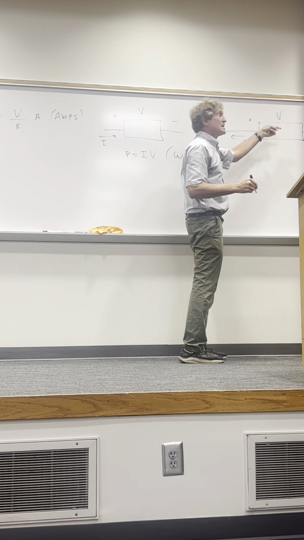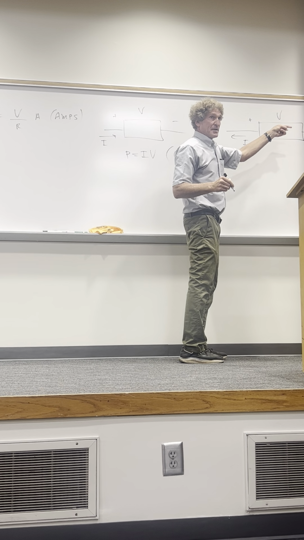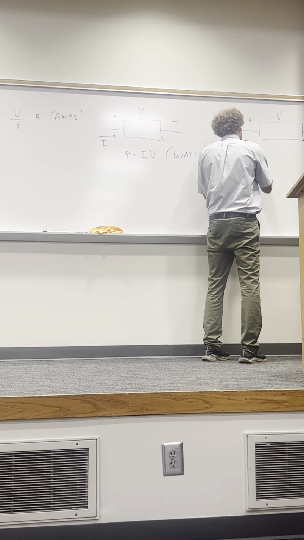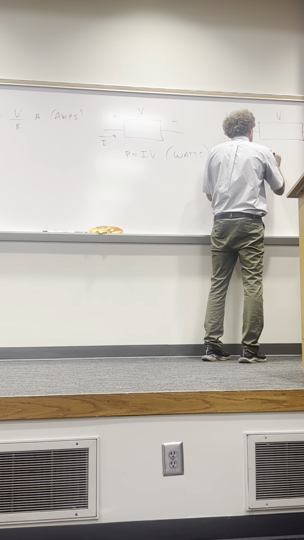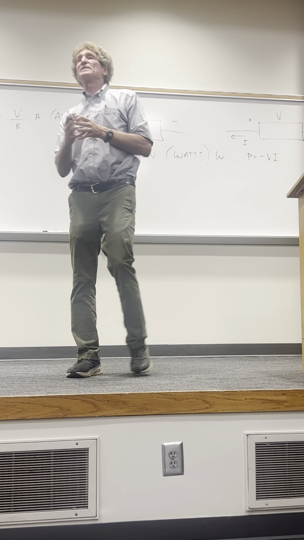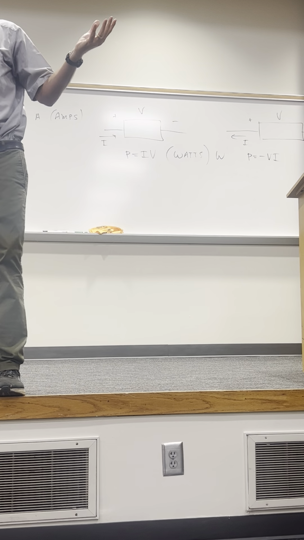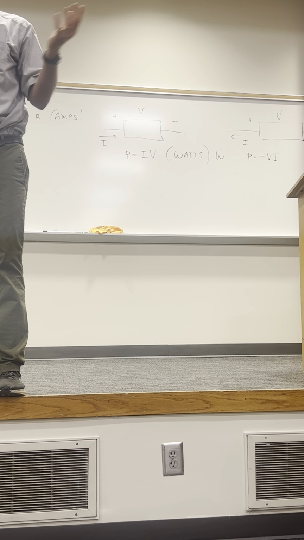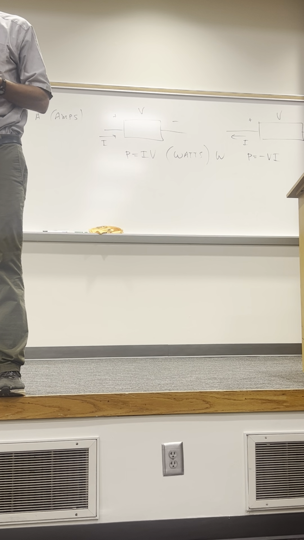If it's going into the device, then the current we consider positive. If it's coming out, it's negative. Here, the power is equal to minus V times I. It would be a minus, which means it's being supplied. It's not dissipating. That's all it means. That's it. Y'all with me, class? There's nothing deep here. It's just a simple way of bookkeeping.